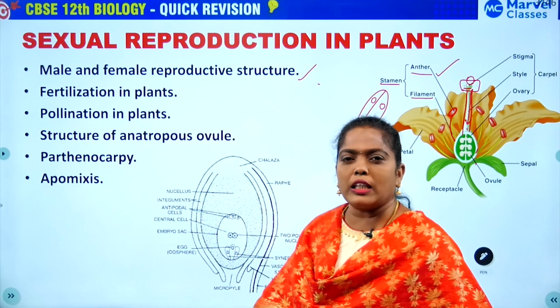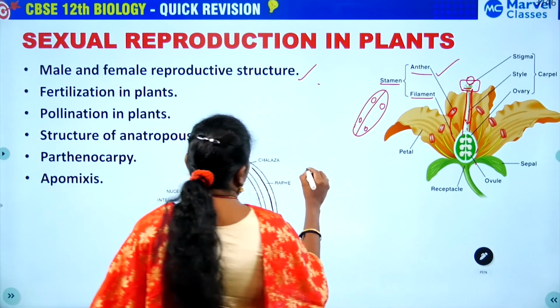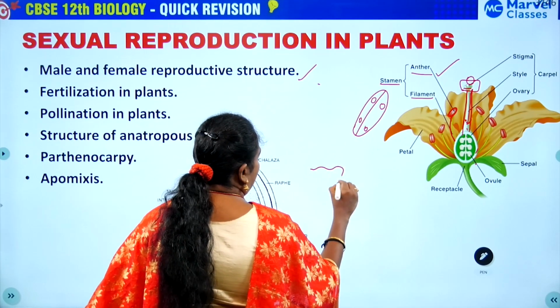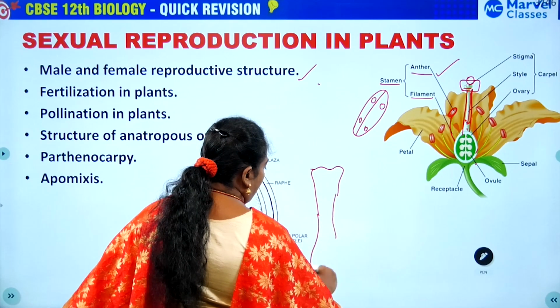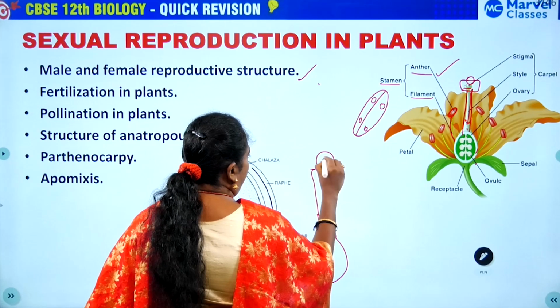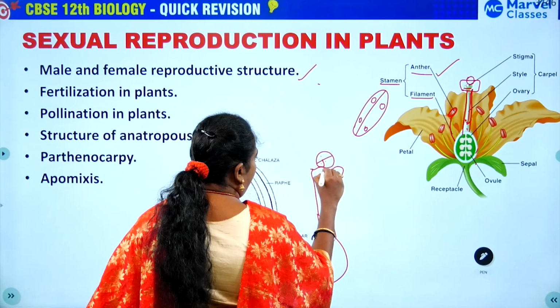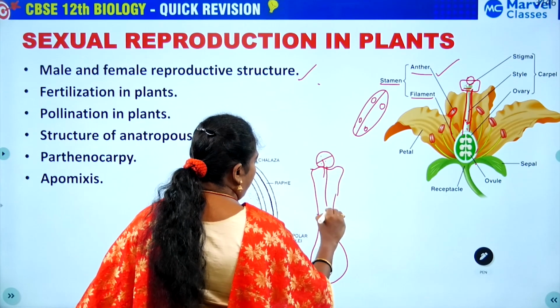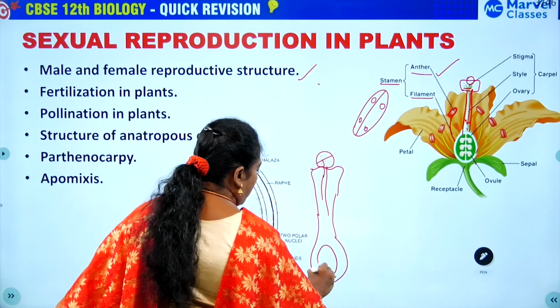If they are asking you about the fertilization in plants, you can just simply explain. So this is stigma, style and the ovary, and you can say the pollen grain will come here, and then it will divide, then the pollen tube will form. So here we have the embryo sac.